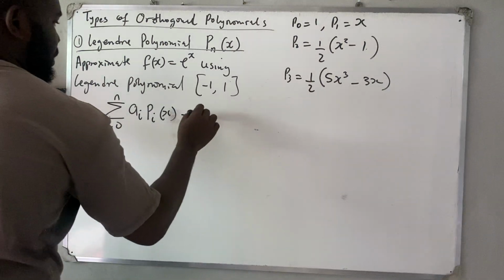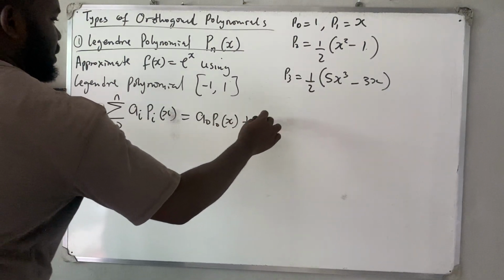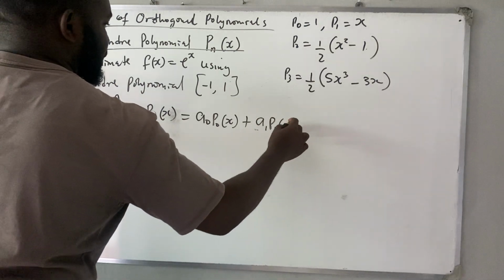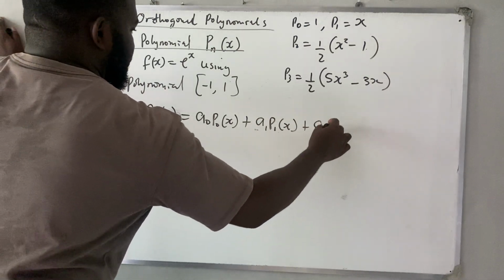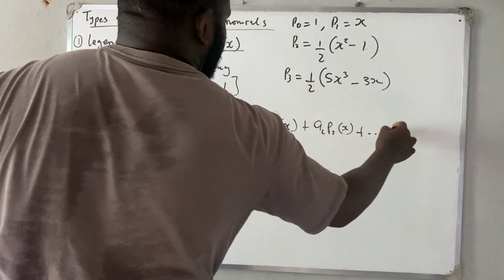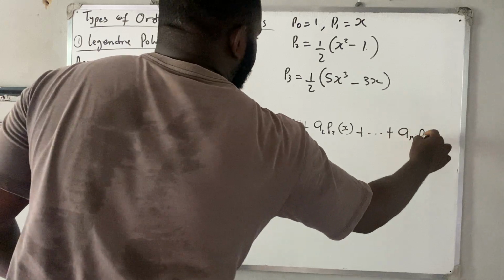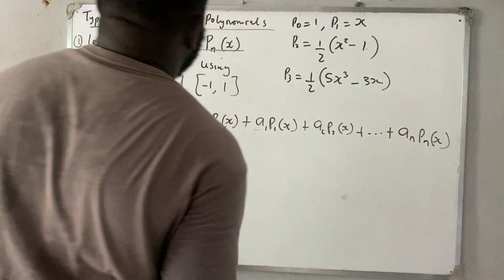So this is going to be a naught P naught of x plus a1 P1 of x plus a2 P2 of x plus dot dot dot plus an Pn of x. Okay?